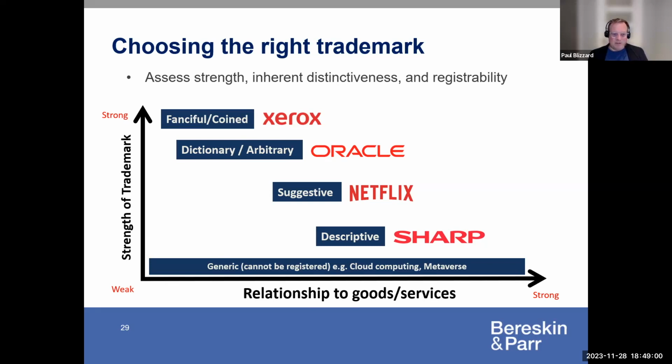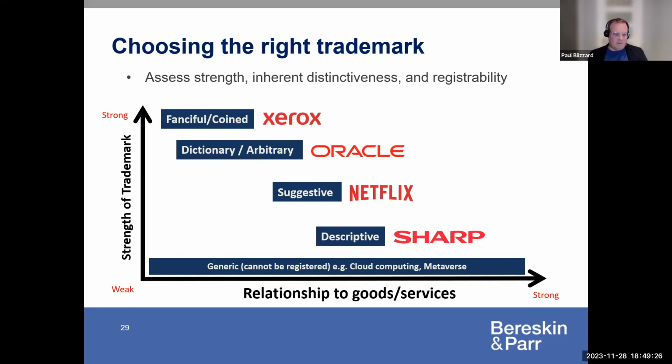A lot of trademarks are actually suggestive of the products or services being provided. Netflix is a portmanteau of network and flix, so we're looking at something that starts to describe what it is, and obviously not the strongest of trademarks.